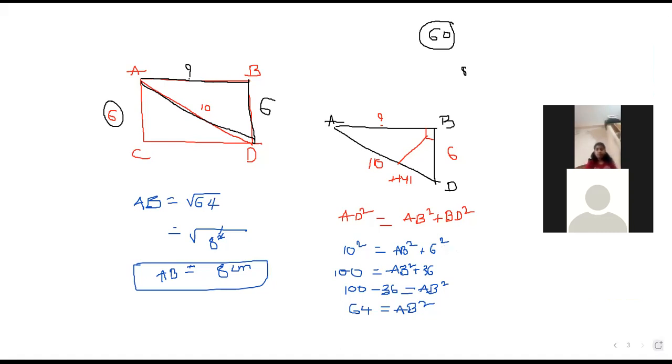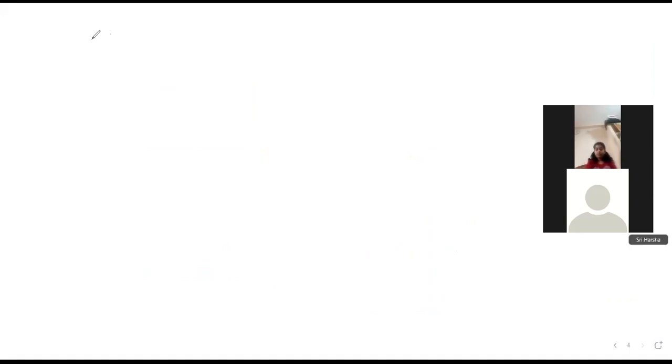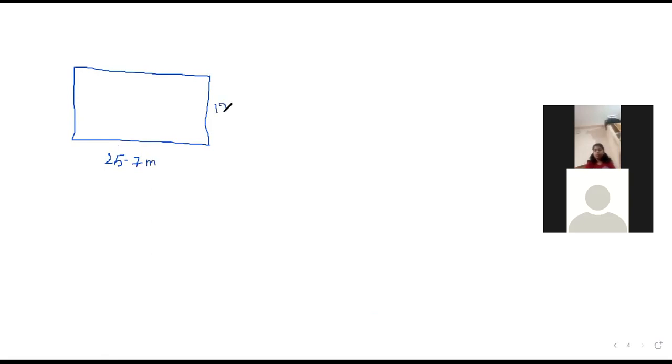Then copy this homework problem. Here there is a room. The dimensions of the rectangular room are 25.7 meters and 12.6 meters. This is the room size.